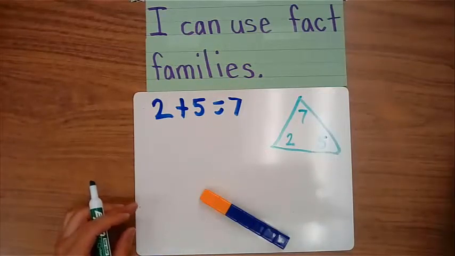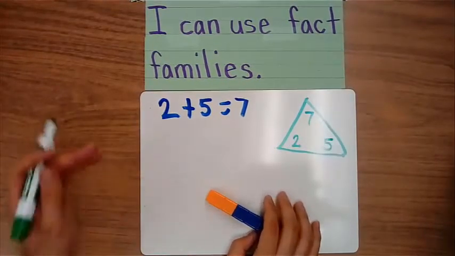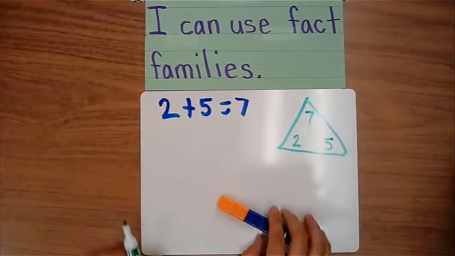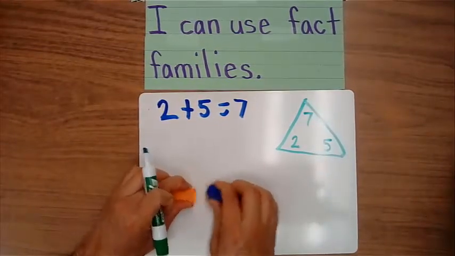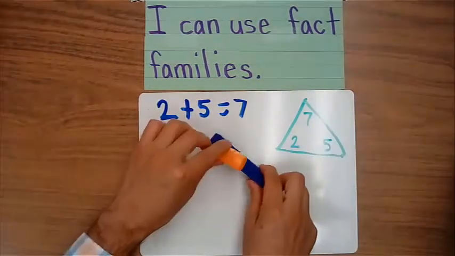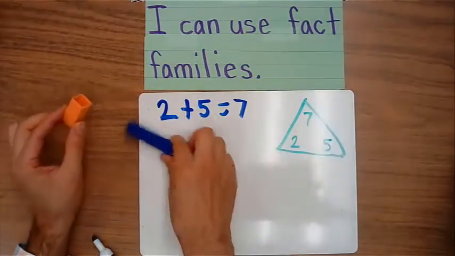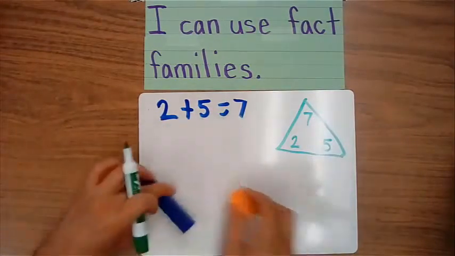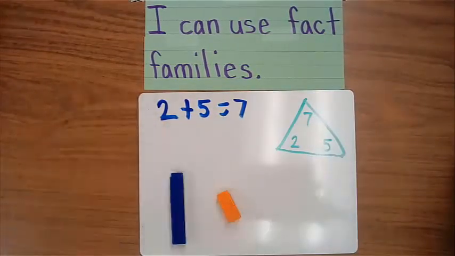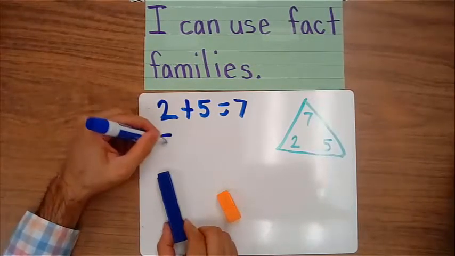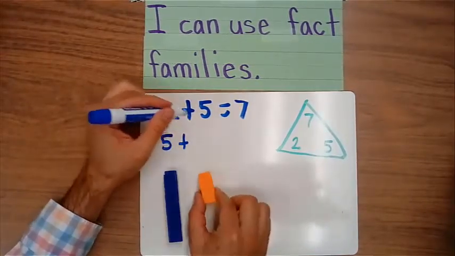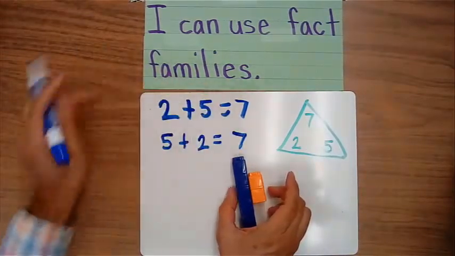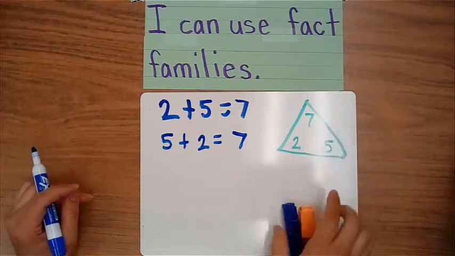Now, what other sentences can I write using only these 3 family members? Well, I already said 2 and 5 make 7, but I could switch these and I could put 5 and 2 make 7. So let's try that. 5 plus 2 make 7, right? 5 and 2 make 7.